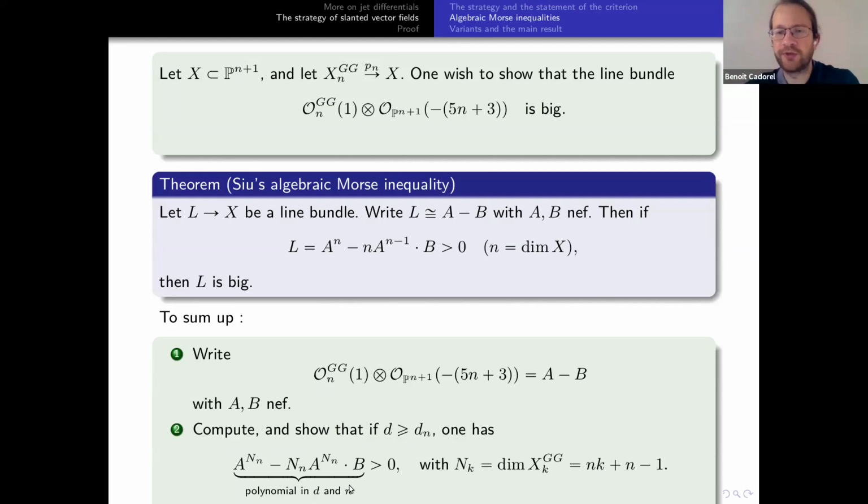And so what was basically done by everyone in this field was to find this A and B first, and then find a way of computing this polynomial, which is not an easy task, and then prove that it is positive if you take your d high enough.